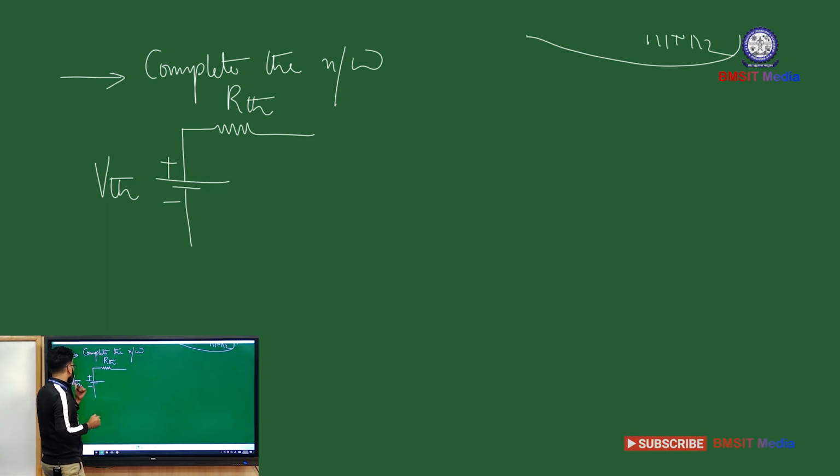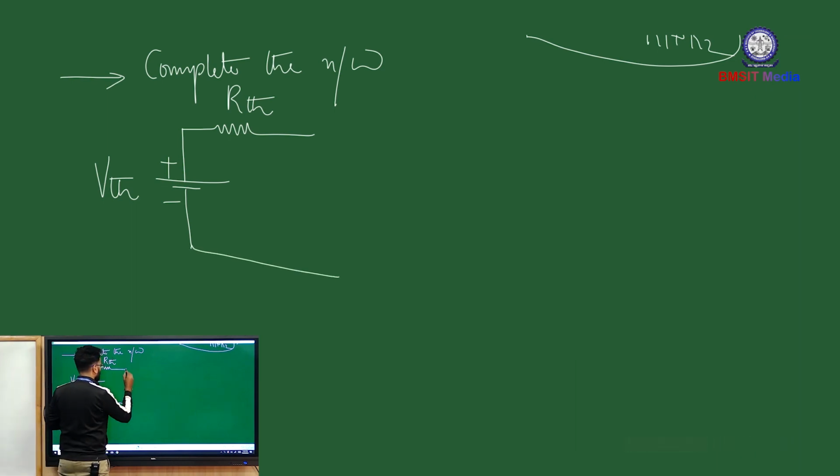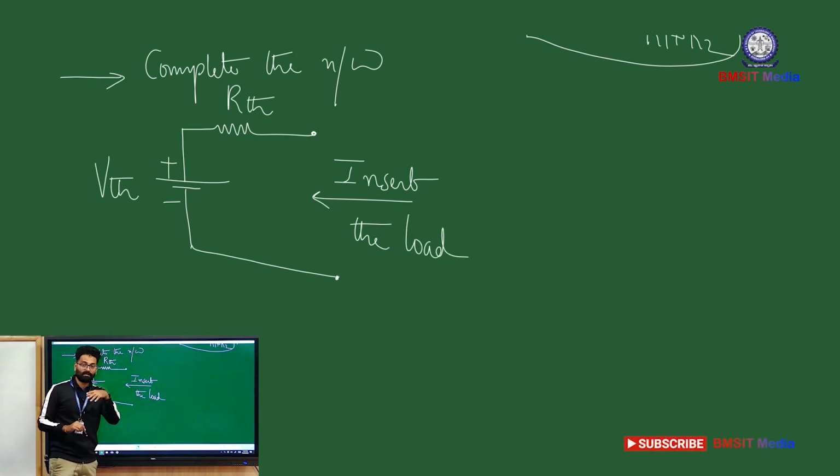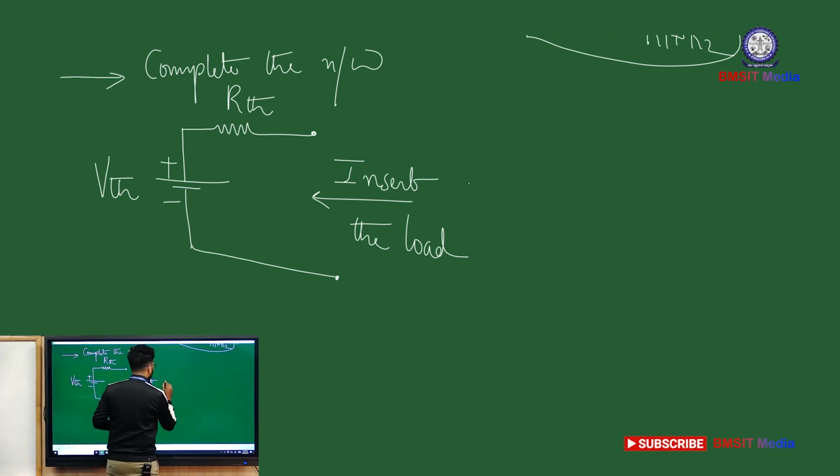So on the input side, you have a Thevenin source in series with Thevenin's resistance. And then, right here, insert the load. In step 1 you had removed a certain part of the network, right? So you have to reinsert that here, right? So that we will do.